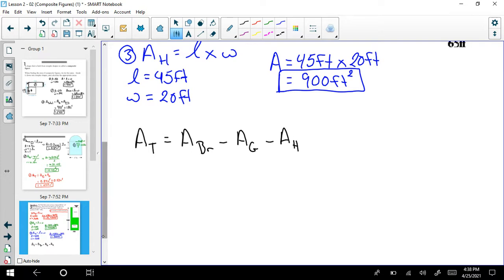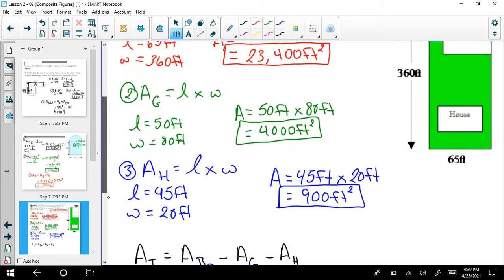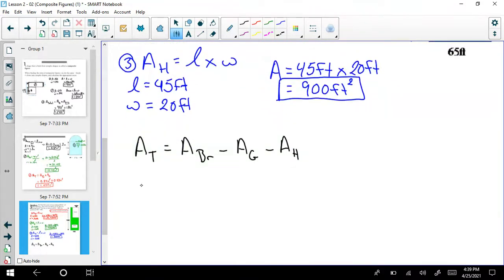So the total area that we found was 23,400 feet. So my area total equals 23,400 feet squared. And then minus the area of my garden, which was 4,000 feet squared.